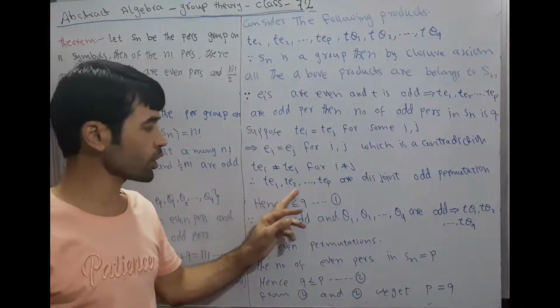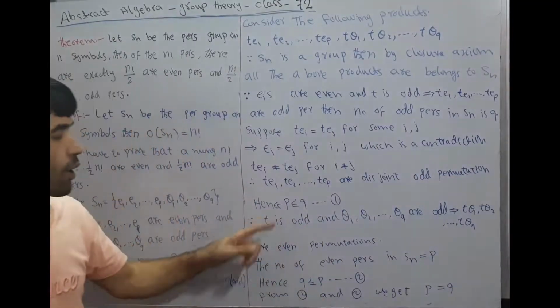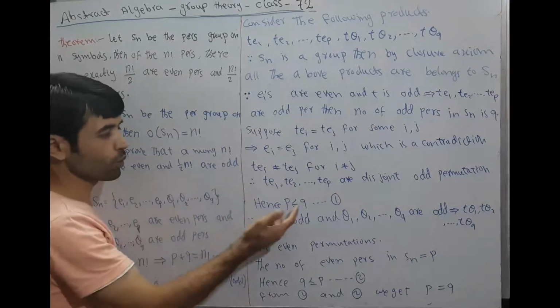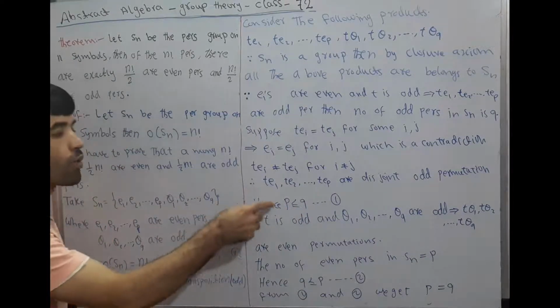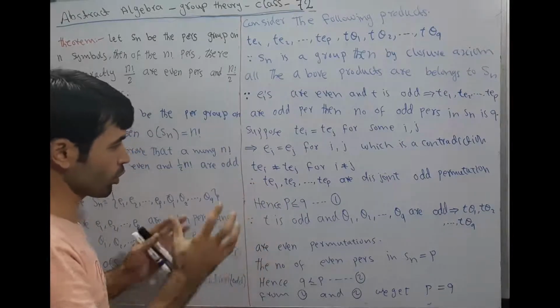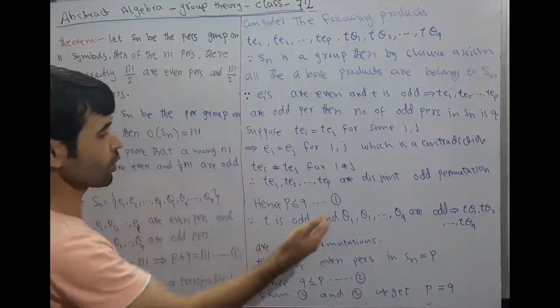Therefore, T E1, T E2, and so on, T EP are distinct odd permutations. Hence, from here we got P distinct odd permutations. Obviously, Q is the general count of odd permutations. It contains all odd permutations. So P is less than or equal to Q.